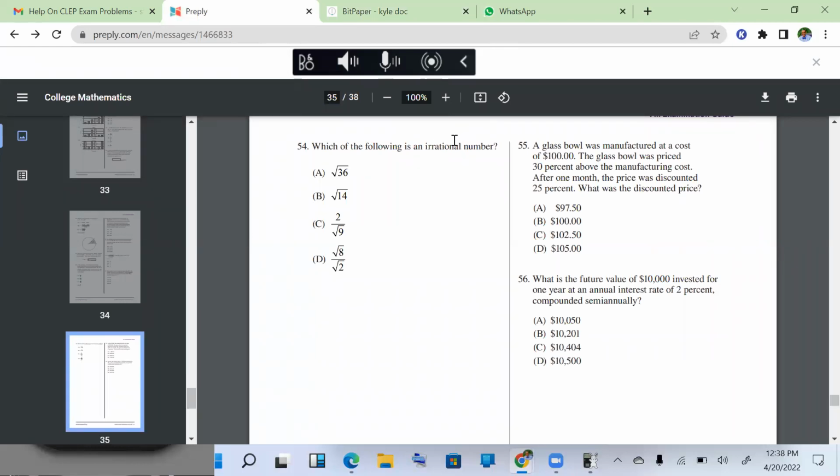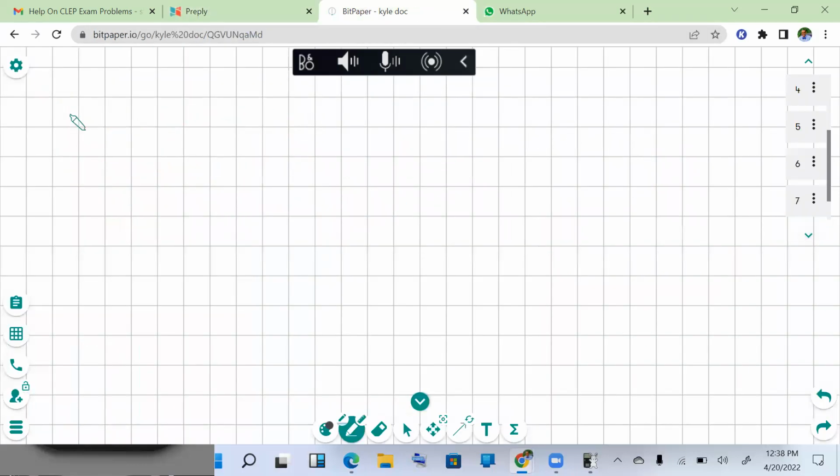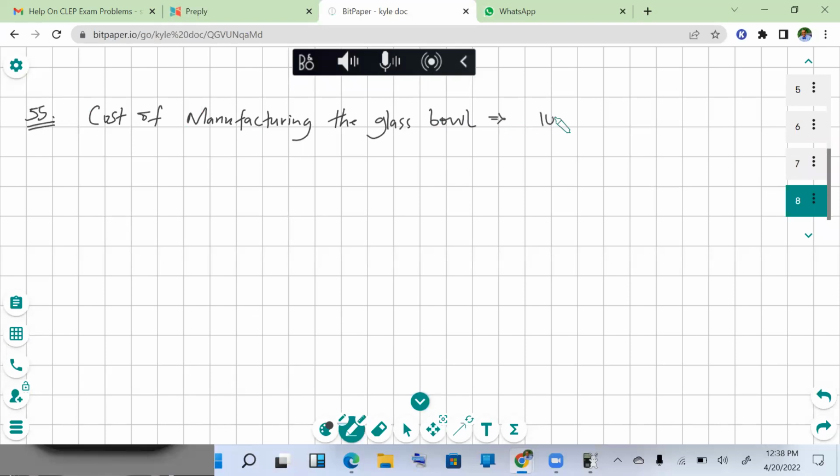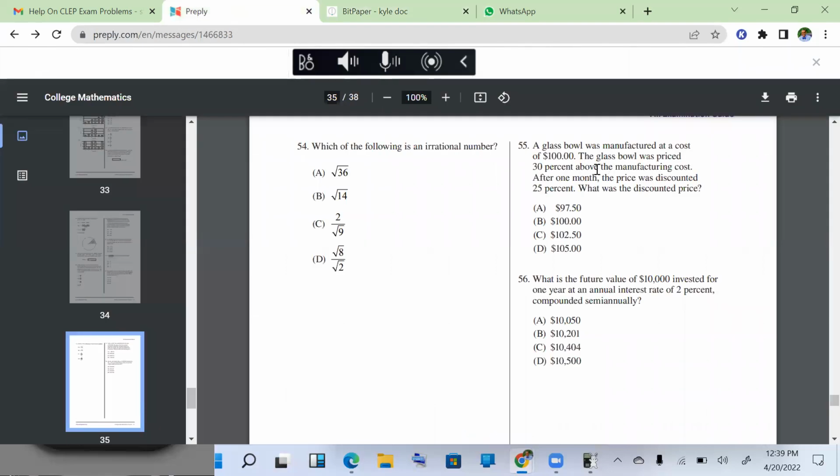So we have the cost of manufacturing the ball. Number 55. We have a cost of manufacturing the glass ball. This is $100. And then after they manufactured the glass ball, they priced it 30% above the manufacturing cost.